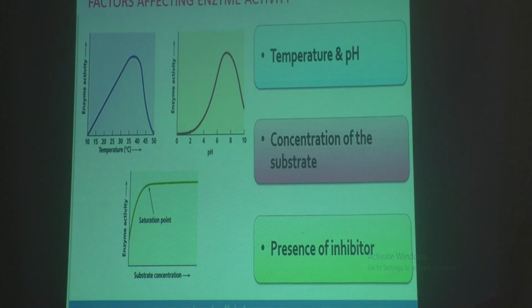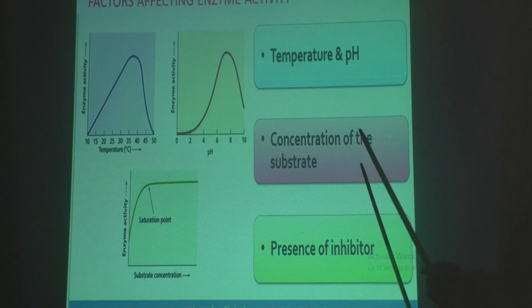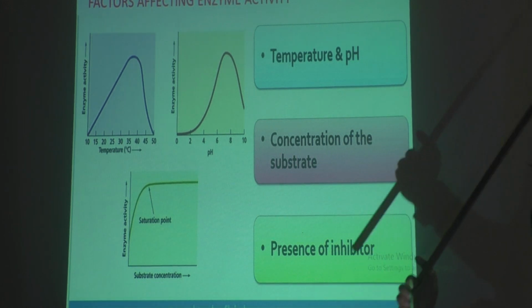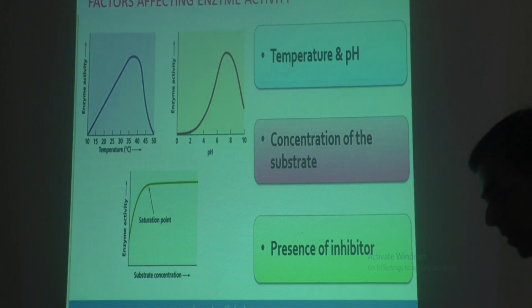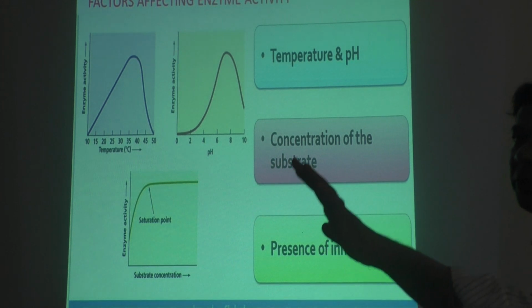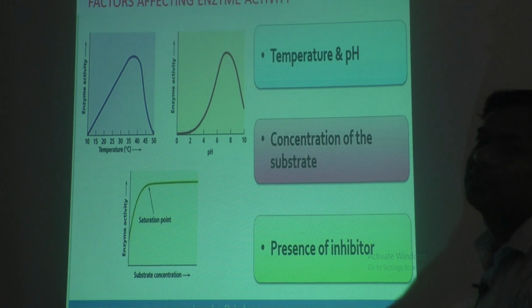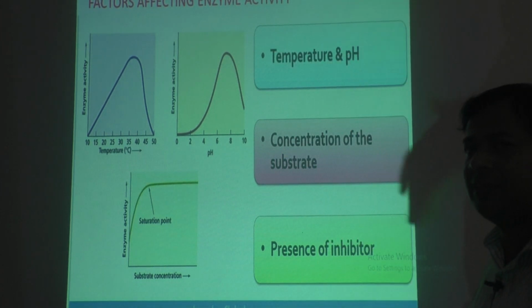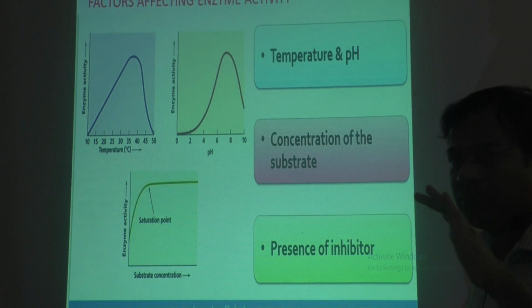That is temperature, pH, concentration of the substrate, and presence of an inhibitor. Suppose enzyme activity should not happen properly, then there are certain factors which will disturb enzyme activity. It will not allow enzyme activity to happen, or else it will make enzyme activity standard or proper.